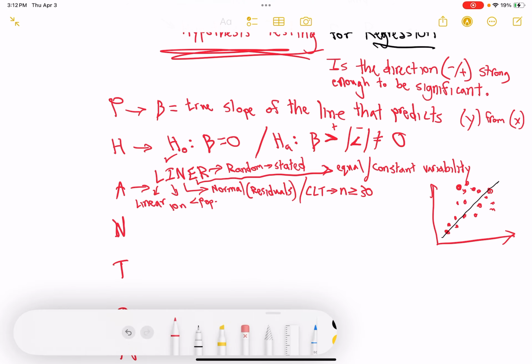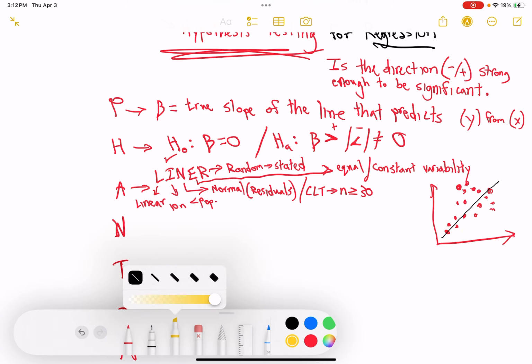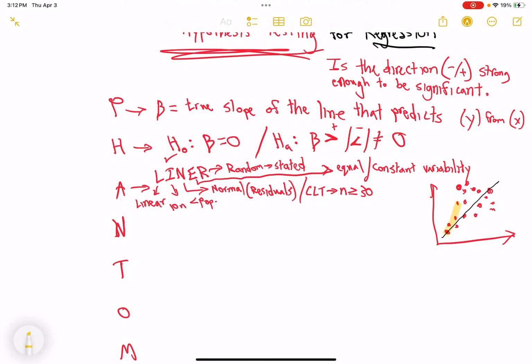Now, if you look at this graph, what I want you to notice is that even though it's linear, as x gets greater, y does get greater as well, but you'll notice that it fans out, kind of like a megaphone or a cornucopia.